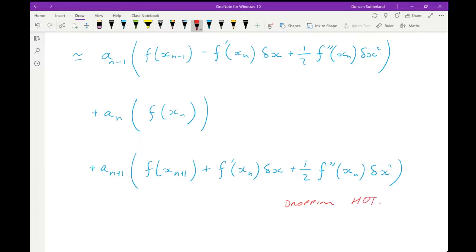Obviously, that's going to contribute to my error. The higher order terms feature, in this case, terms like delta x cubed, for example. So we know that the first thing that we're discarding is a cubic term.